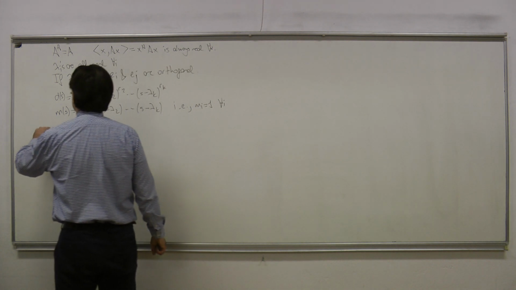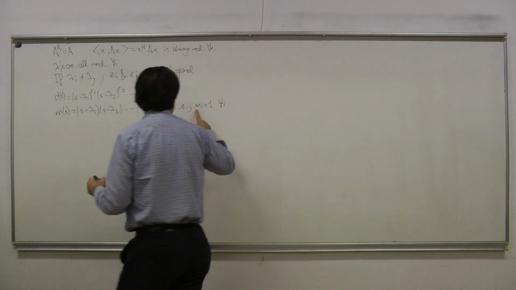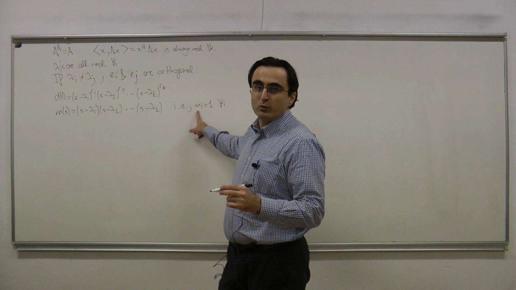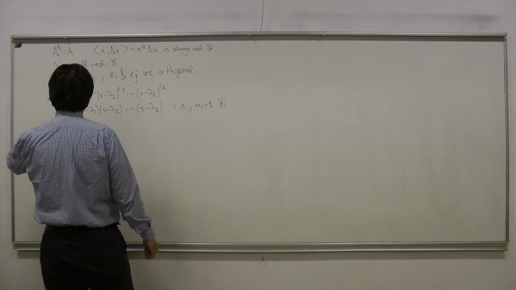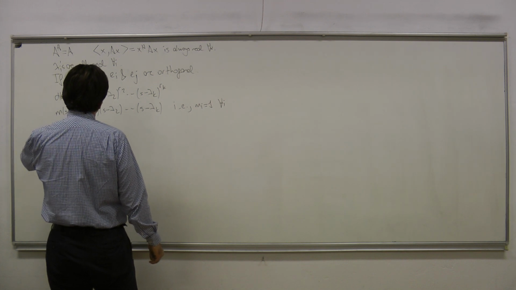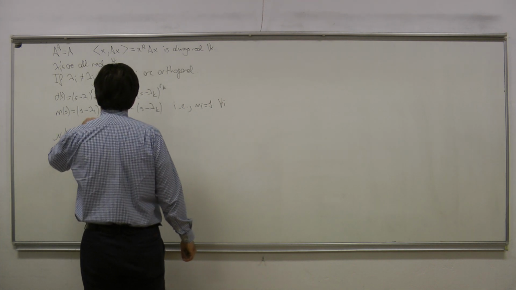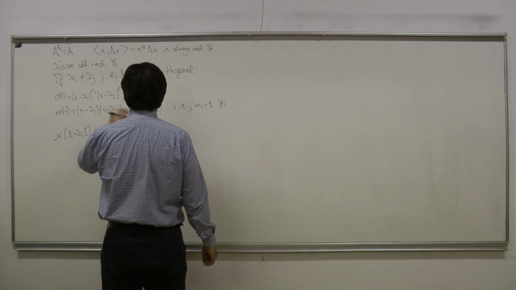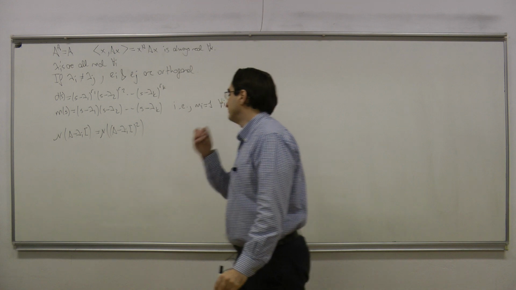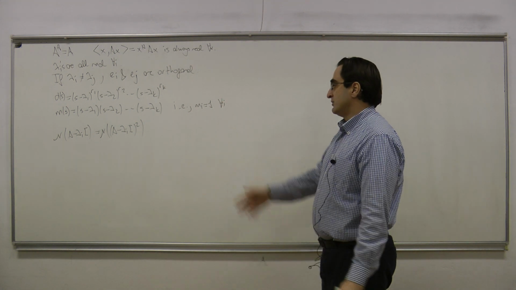So let us remember that at the minimal polynomial multiplicity, we reach the largest null space. The null space of A minus lambda_i identity for a Hermitian matrix would be equal to the null space of (A minus lambda_i identity) squared. So we would have this equality.